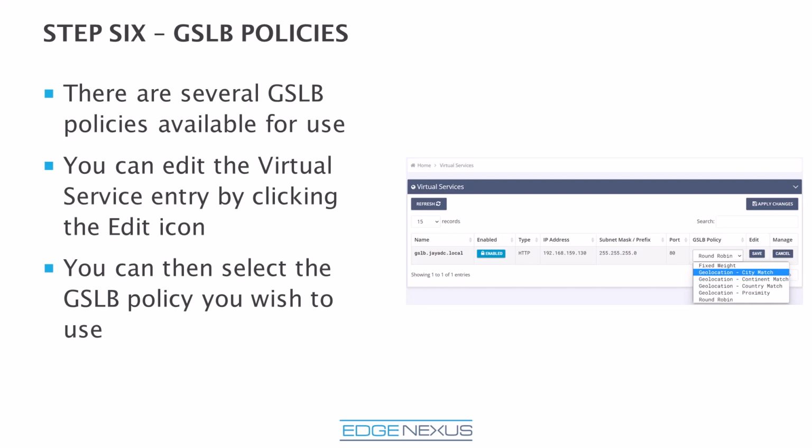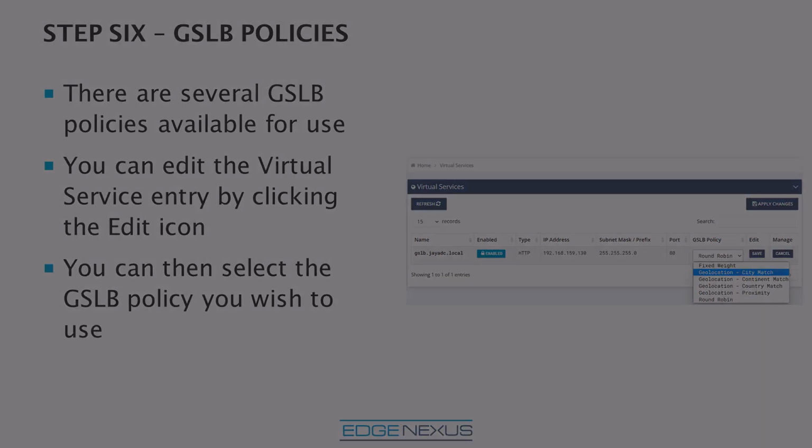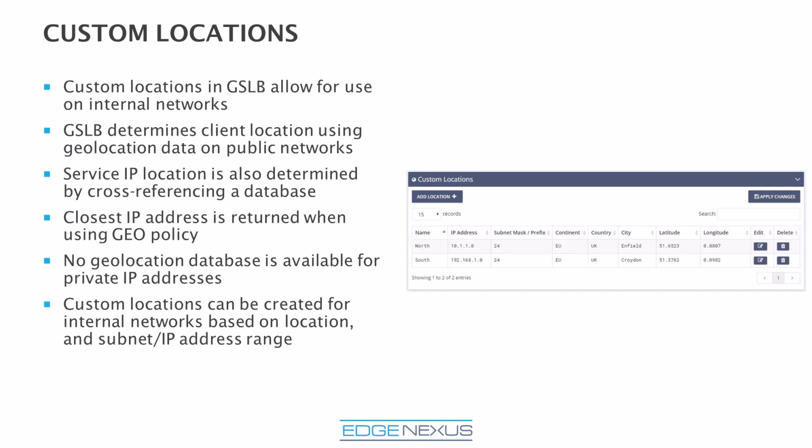Geolocation by country: traffic is routed to the server closest to the client's country. Geolocation by proximity: traffic is routed to the server closest to the client. Round robin: traffic is distributed evenly across all available servers.